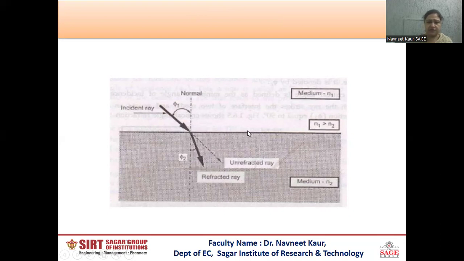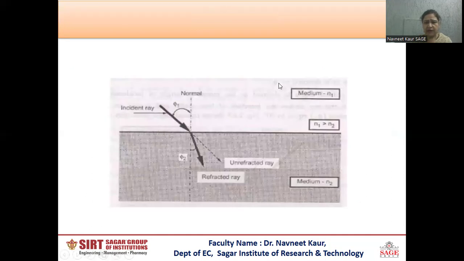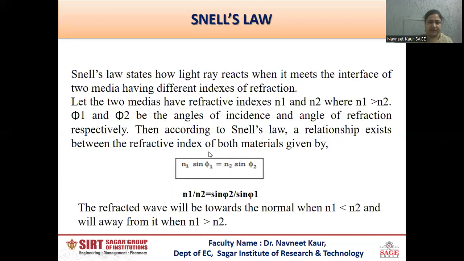According to Snell's law, N1 sine phi 1 equals N2 sine phi 2. That means N1, the refractive index of the first medium, into sine phi 1, the angle of incidence, is equal to N2, the refractive index of the second medium, into sine phi 2, the angle of refraction.